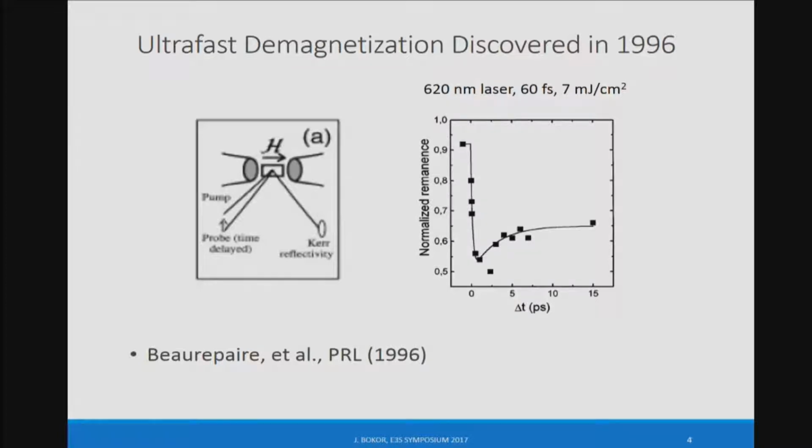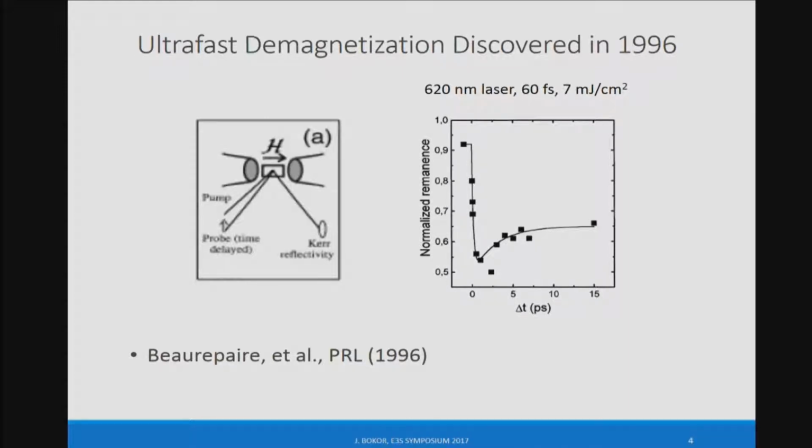And this was, and actually continues to this day to be, a great mystery: how you could possibly demagnetize a magnet by this amount in such a short time. Where does all that angular momentum go? It turns out to be quite an interesting theoretical problem. But nevertheless, many groups picked up on this and reproduced it. There was a lot of debate about whether the measurement technique was measuring the right thing.